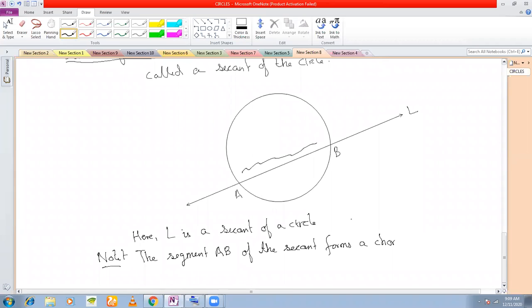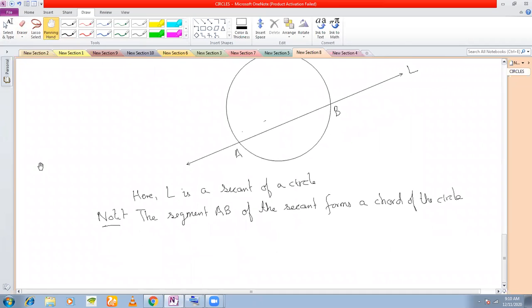Otherwise, this entire line is called a secant. So what is the importance of secant? We'll see later. The importance of secant comes when I'll be discussing the definition of tangent of a circle.